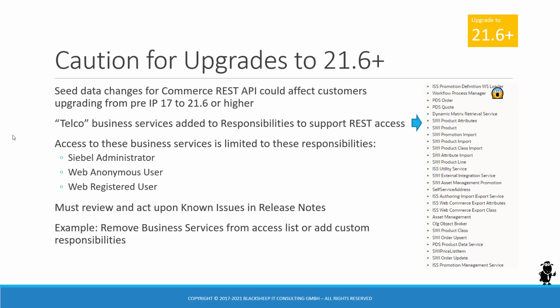Or if you want to explore the capabilities or start using them, you need to include custom responsibilities to allow access to these services for other users that don't have one of these three responsibilities.